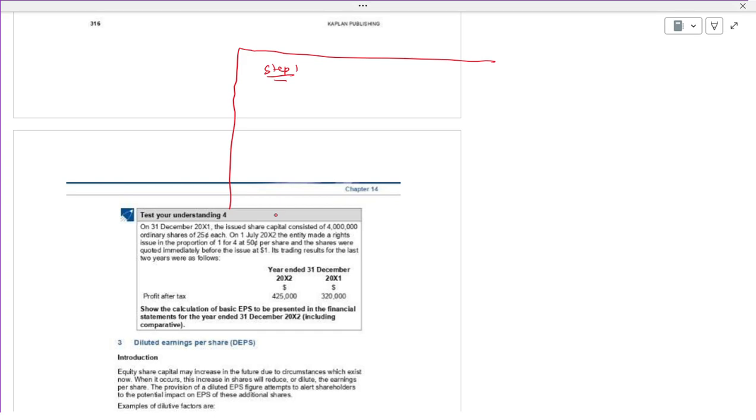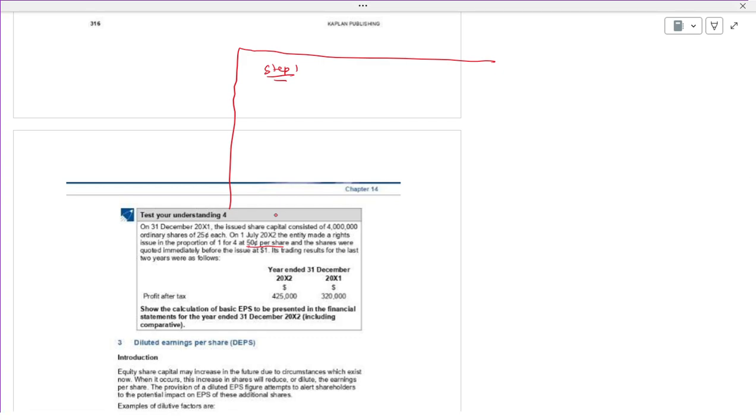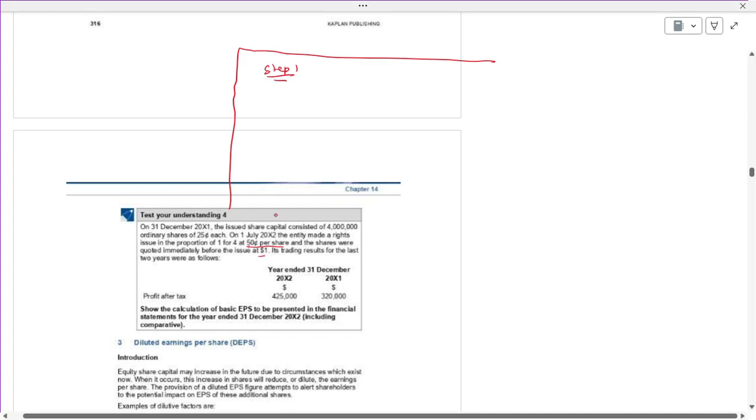On 1st July, the entity made a rights issue, 1 for 4, at 50 cents per share. The shares were quoted immediately before the issue at 1.